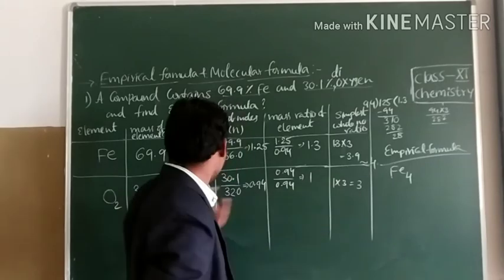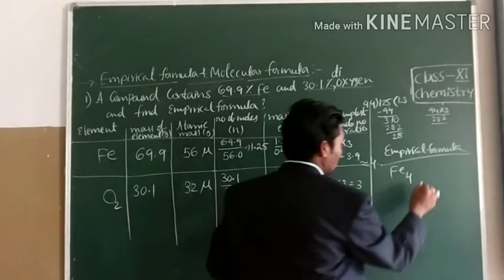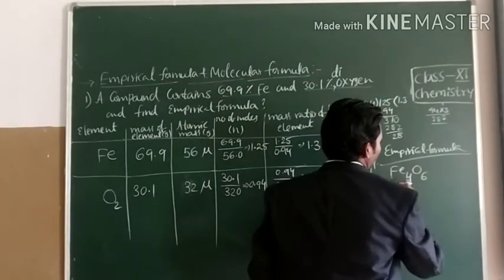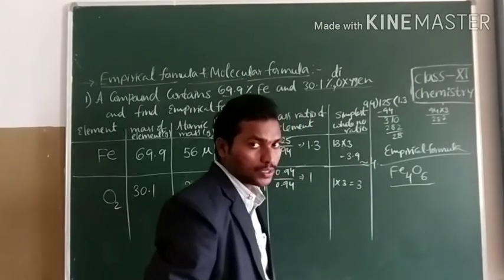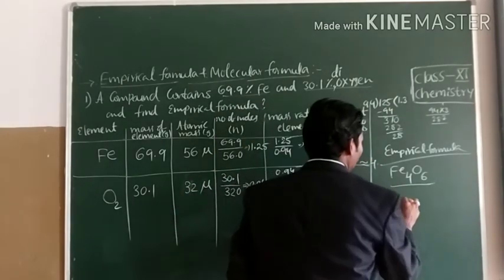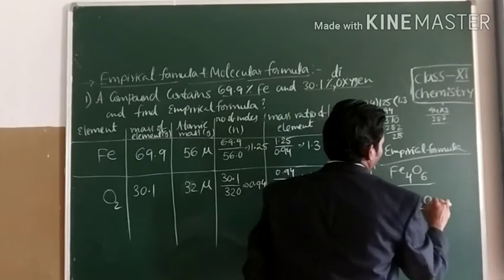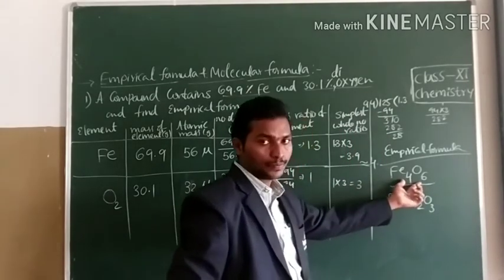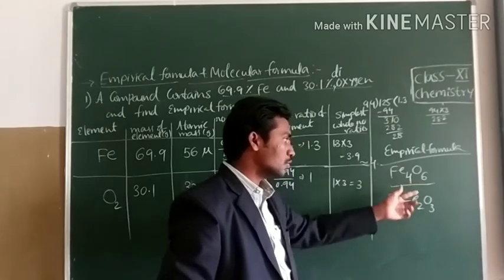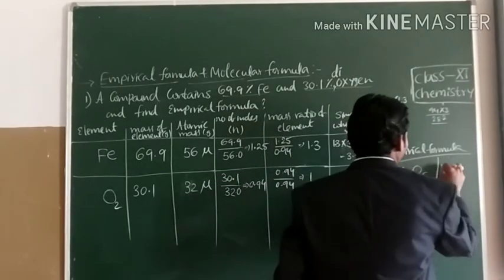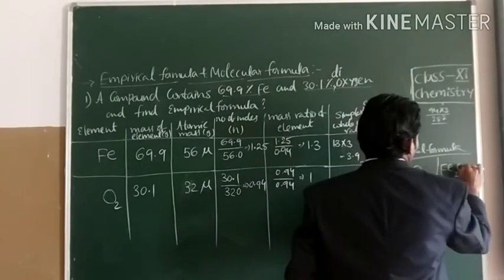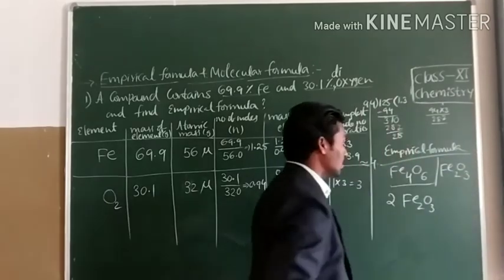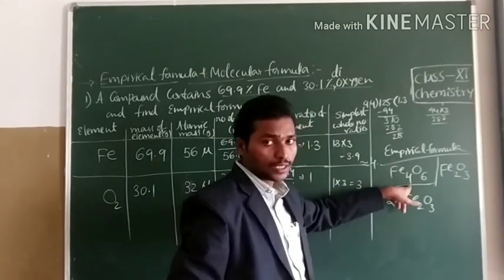Next, oxygen: O, 2 into 3 means O6. Fe4O6 can be written as 2 into Fe2O3. Here for Fe4O6, the HCF, the highest common factor, is 2.